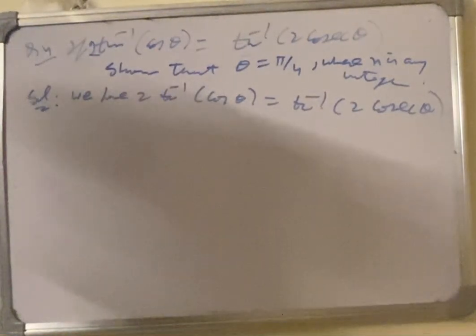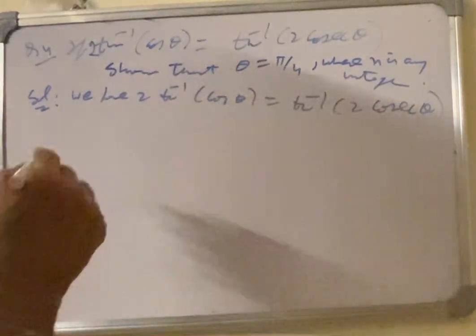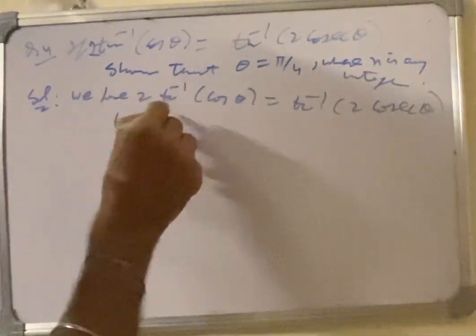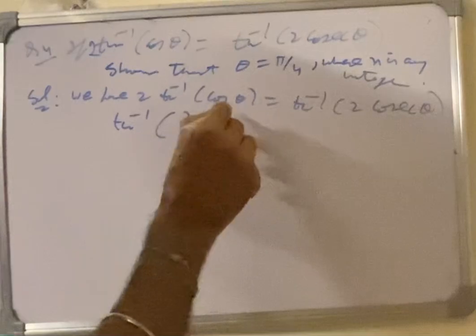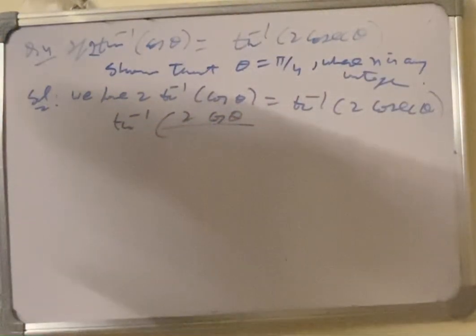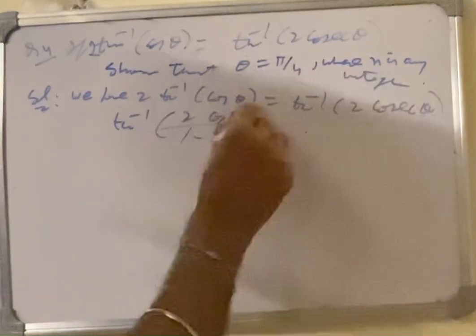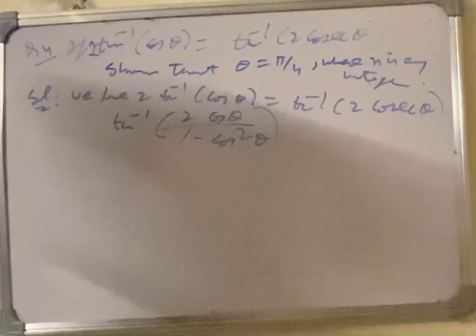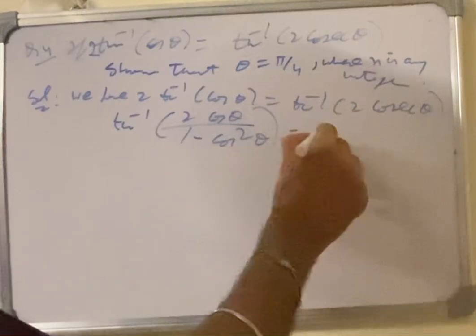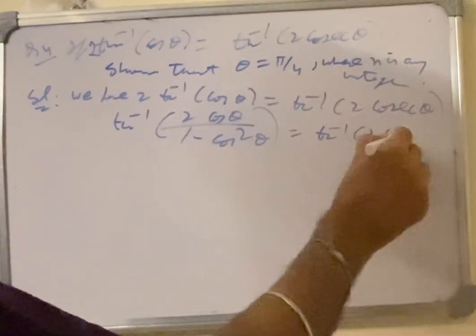Therefore, 2 tan inverse x is tan inverse 2x over 1 minus x square. So tan inverse 2 cos theta over 1 minus cos square theta is equal to tan inverse 2 cosecant theta.